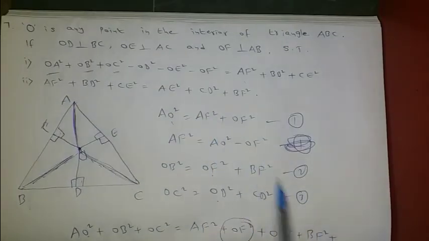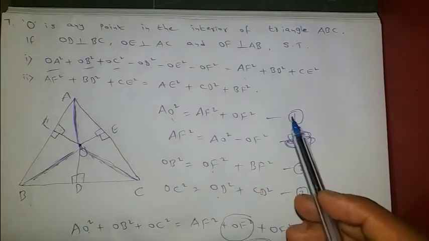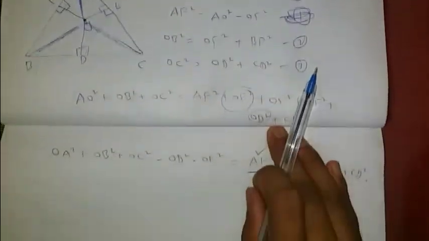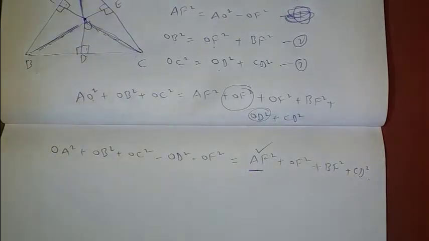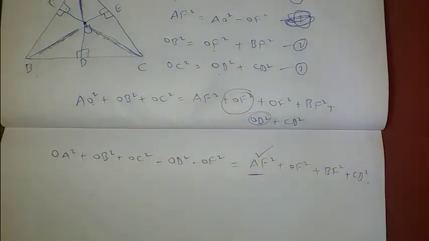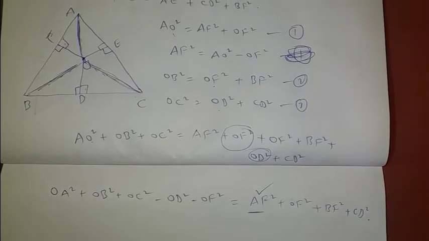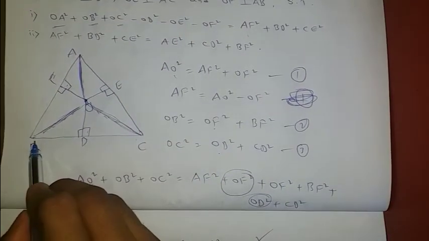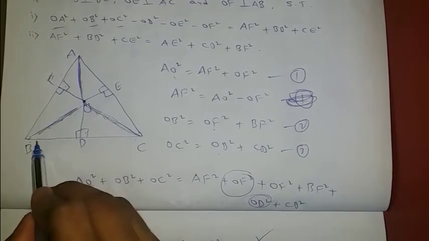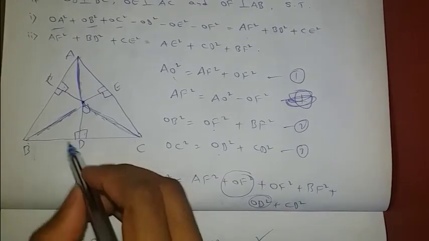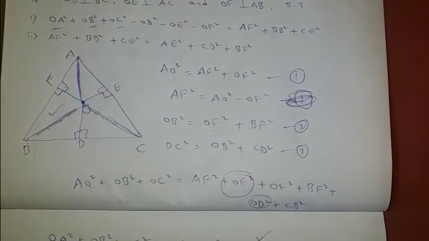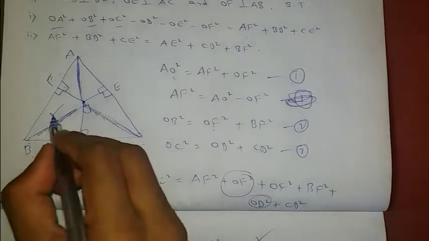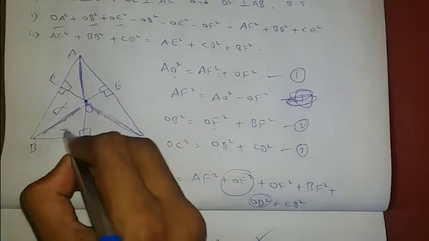Next, on the left side, OE square is there, but on the right OE square is not there. So what will we do now? Here we took OB square. For this OB square, which triangle did we take? We took this triangle: OB square is equal to OF square plus BF square. Now, instead of this triangle, I will take this one.